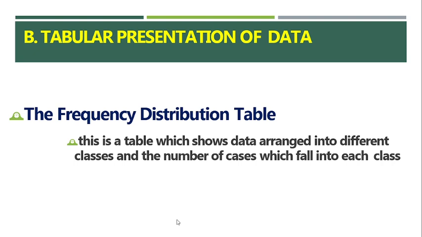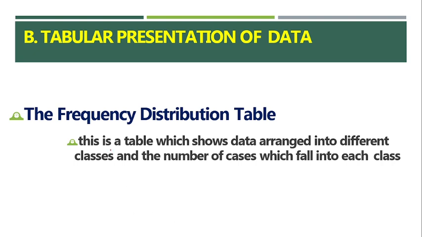Why is it commonly used? Because tabular data is composed of parts wherein it will show what data you have gathered, what the characteristics of your data are, and what the enumerations are in terms of quantitative data.